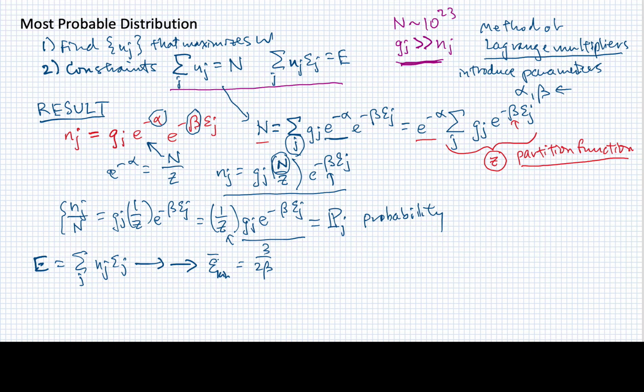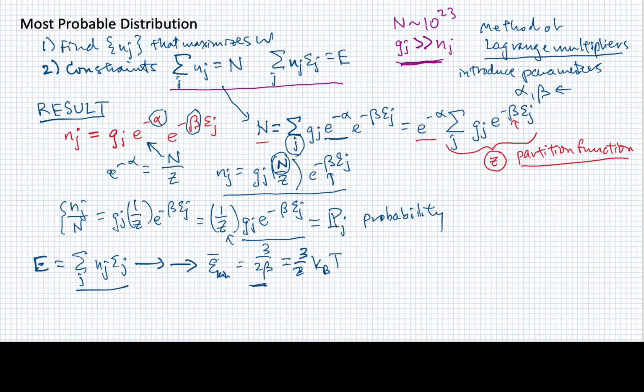Starting with this, doing a little bit of mathematical manipulation, I can ultimately get to this result. But we know from the very first class of the semester that this is also equal to 3/2 times the Boltzmann constant times the temperature.